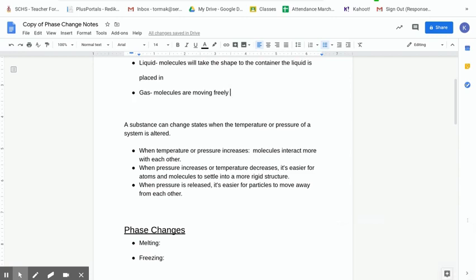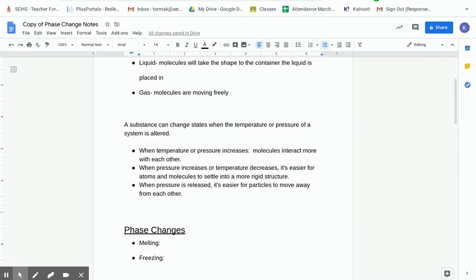And this makes sense because when you raise the temperature of water that is boiling in a pot, it starts to turn to water vapor or steam, and it goes from a liquid where they are freely flowing in the container to where they are in the air flowing anywhere they want to be.